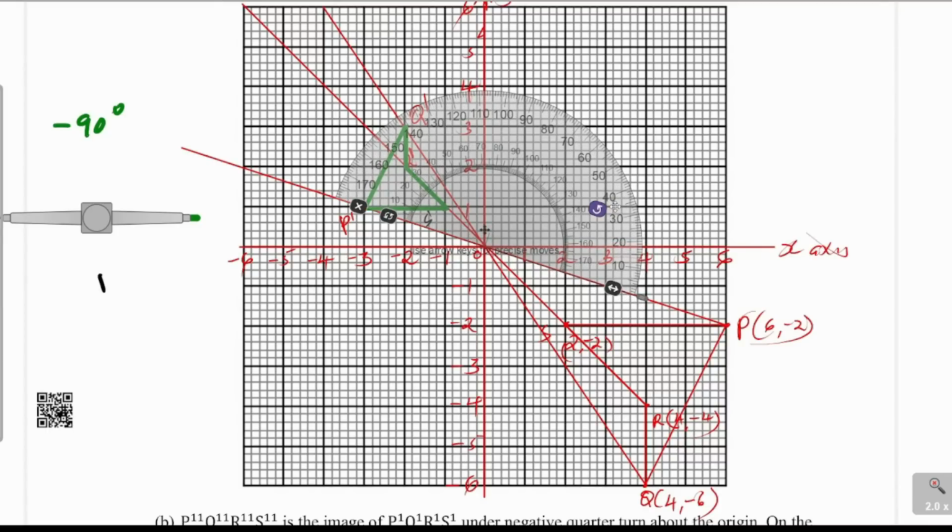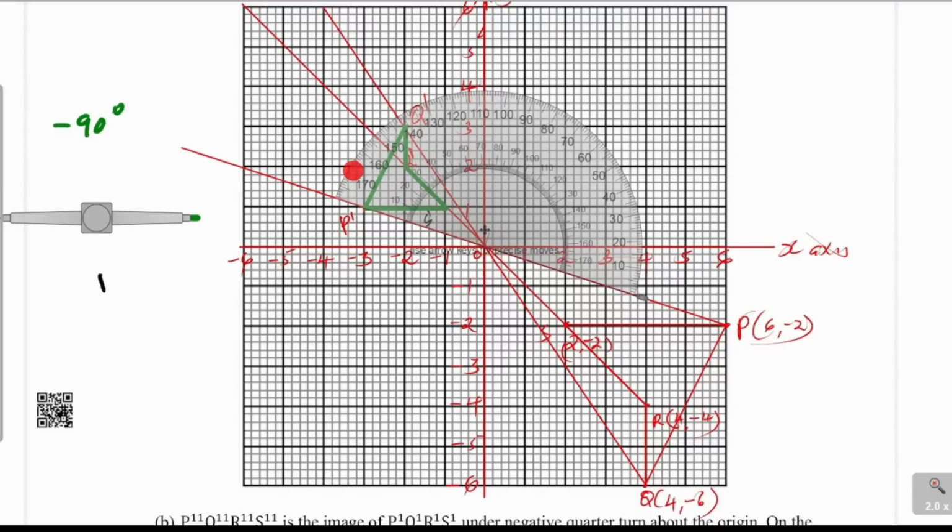Since it is negative 90 degrees, you measure that angle in a clockwise direction. Clockwise direction is this way. When you place it on that straight line, the center of the protractor is at the origin.